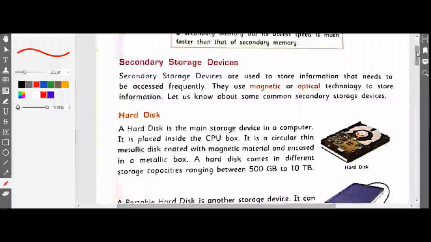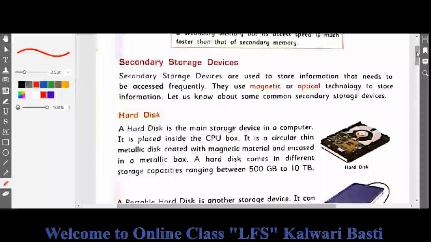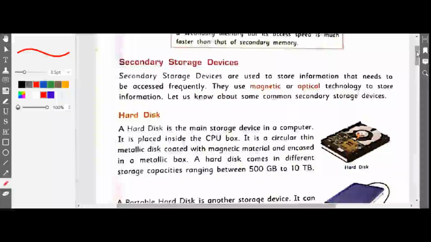Basically the hard disk is a very common and very useful secondary storage device. You have seen in most desktop computers there are hard disks. The hard disk is placed inside the CPU box, and this is the main storage device in the computer.